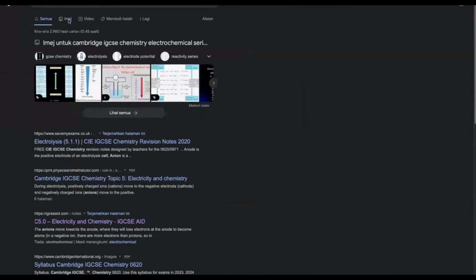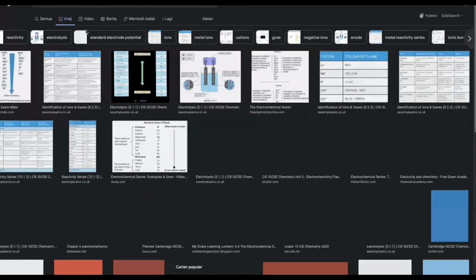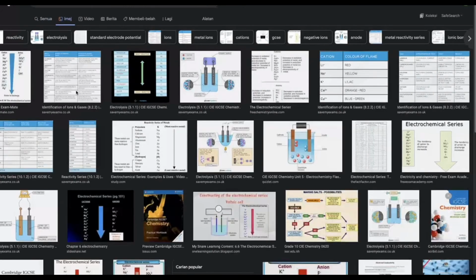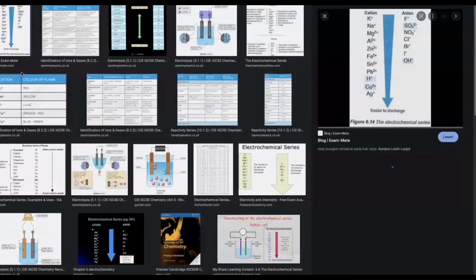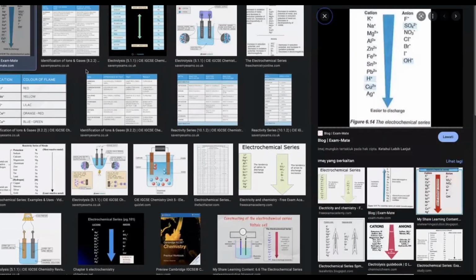Okay, let's see the image. Okay, this should be good enough. So you can see here: fluoride, sulfate, nitrate, chloride, bromide, iodide, hydroxide. So these are the series.